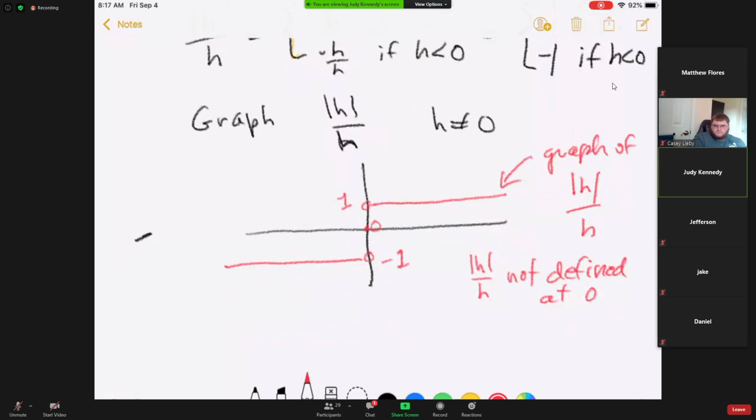But the limit as h approaches 0 from the right is going to be the limit as h approaches 0 of h over h, because when h is greater than 0, the absolute value of h is equal to h.